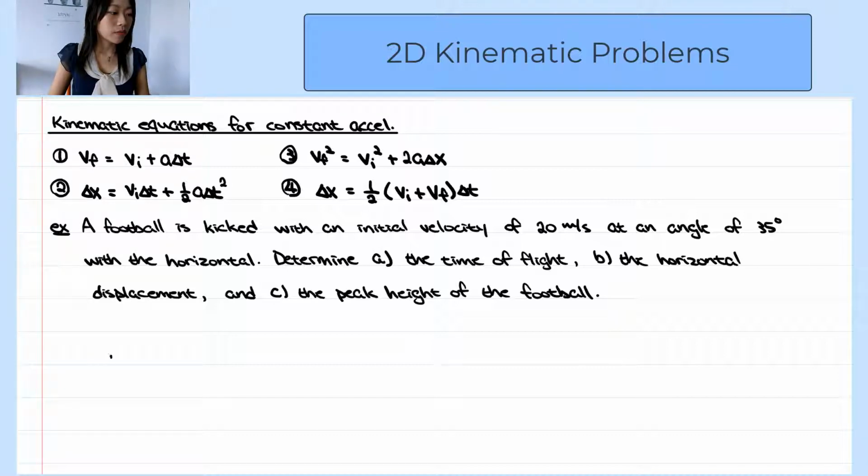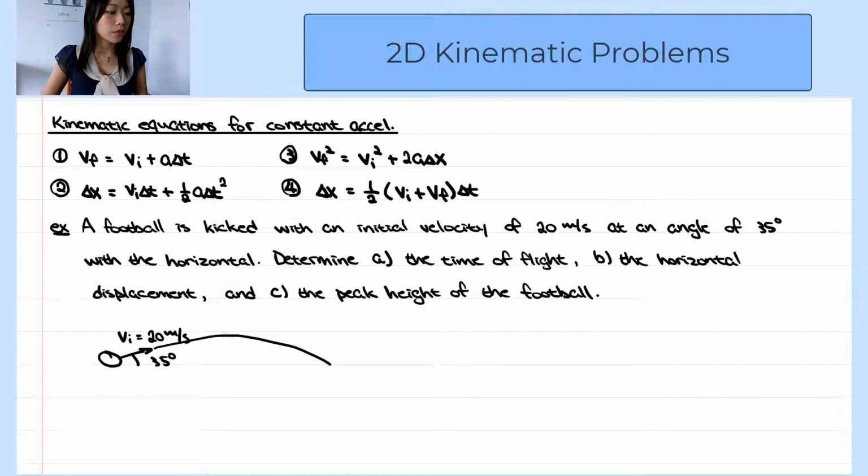So you have a football on the ground, and you kick this football with an initial velocity that is 20 meters per second with an angle 35 degrees with the horizontal. And this football will have a projectile motion and will eventually hit the ground.